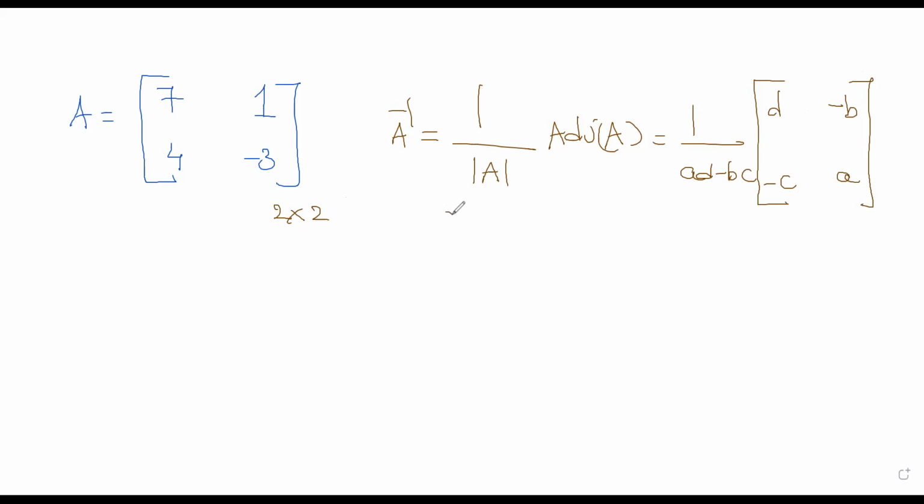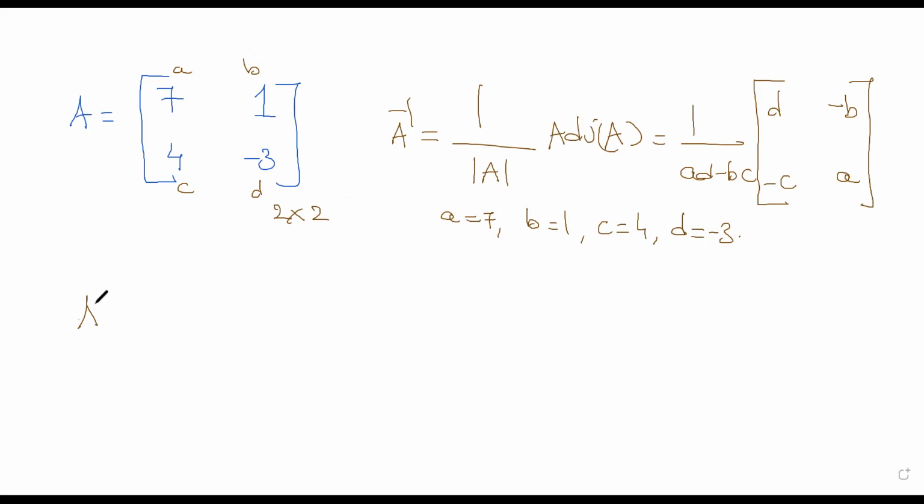A is 7, B is 1, C is 4, D is minus 3. These are the values. Just give the values and give the answer.